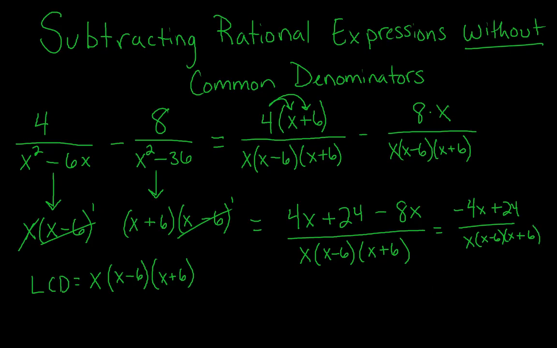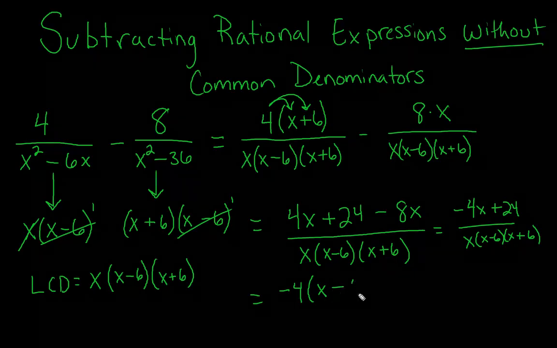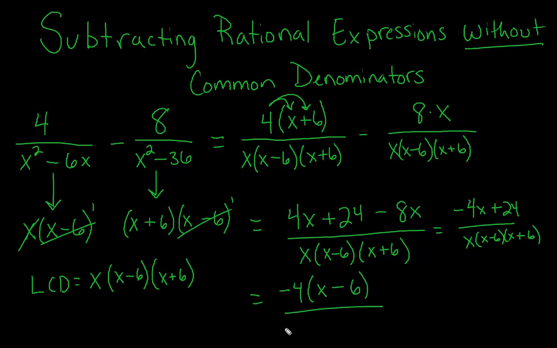And then finally, we always have to ask ourselves if we can simplify. You can see this numerator can be factored. So when we take a negative 4 out of the numerator, it gives us negative 4 times x minus 6 over our common denominator of x times x minus 6 times x plus 6.